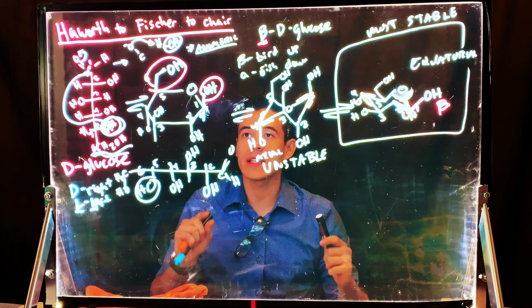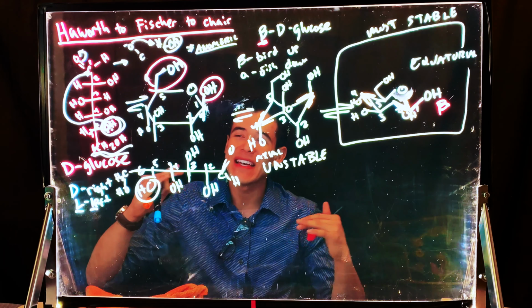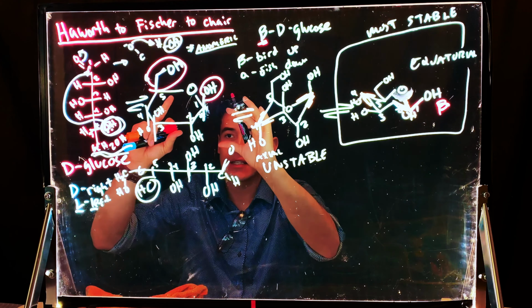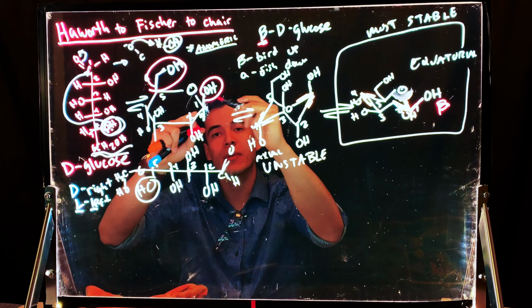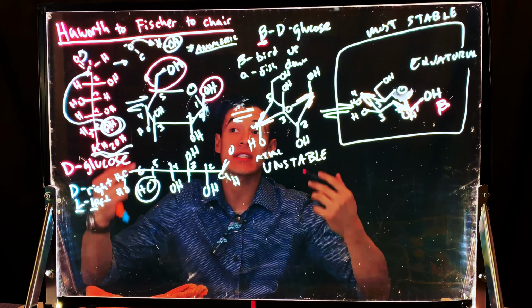So I wanted to add a quick note here. Let's look at carbon number 1 and carbon number 5 in a little bit more detail. In this exact Haworth projection, carbon number 1 is the anomeric carbon that has an OH group pointing up, and we said that this was going to be beta.